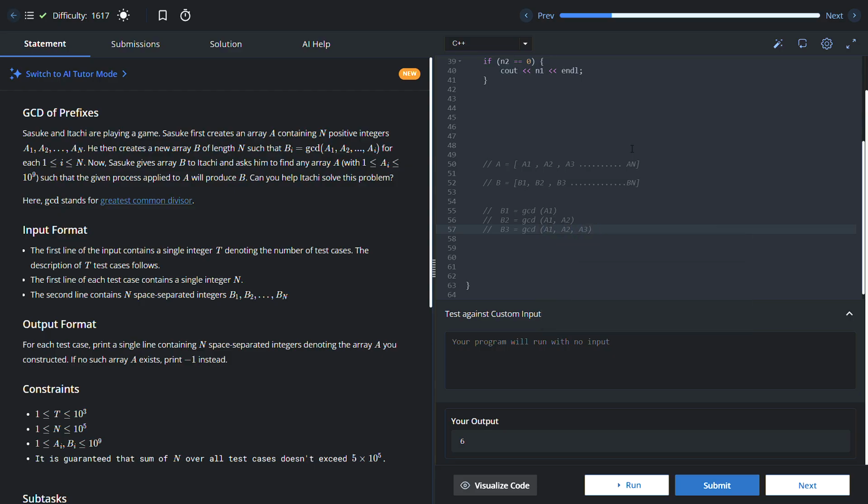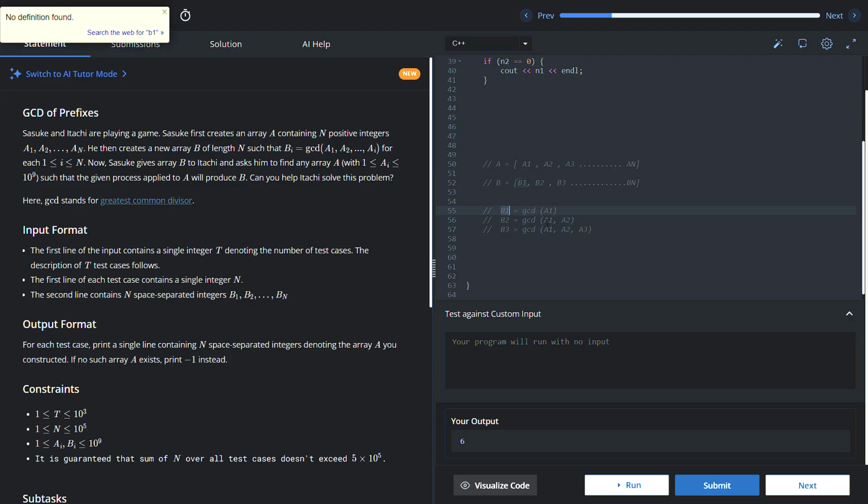Now what does this GCD mean? Each b is fully divisible by the previous b.